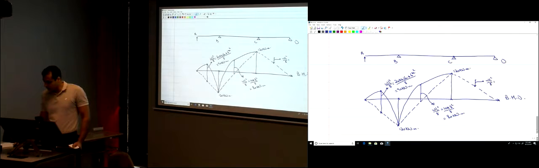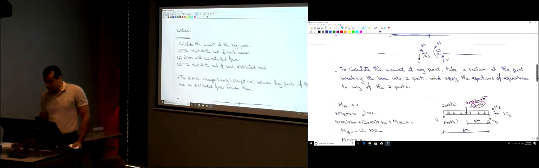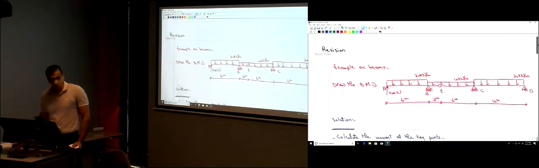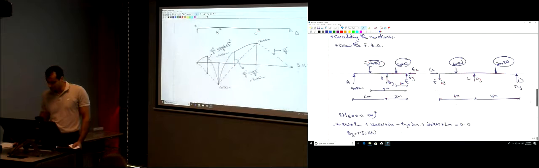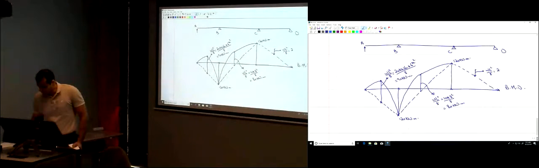W is the intensity of the uniform load in that section, which is 20 kilonewtons per meter here. L is the length, which is 10 meters here. So 20 multiplied by the length, which is 10 squared divided by 8. So this height is 250 kilonewton meters.